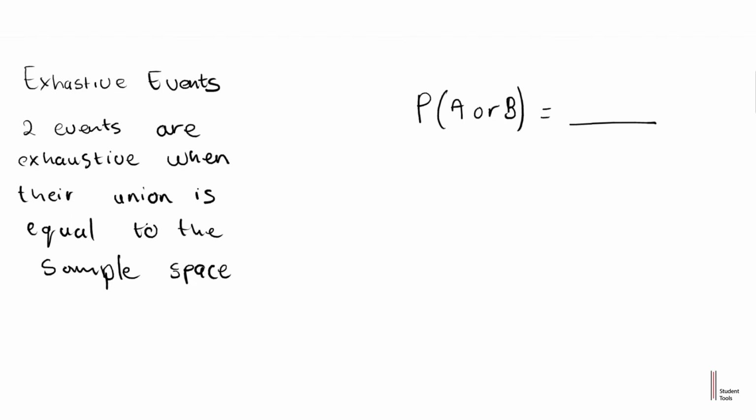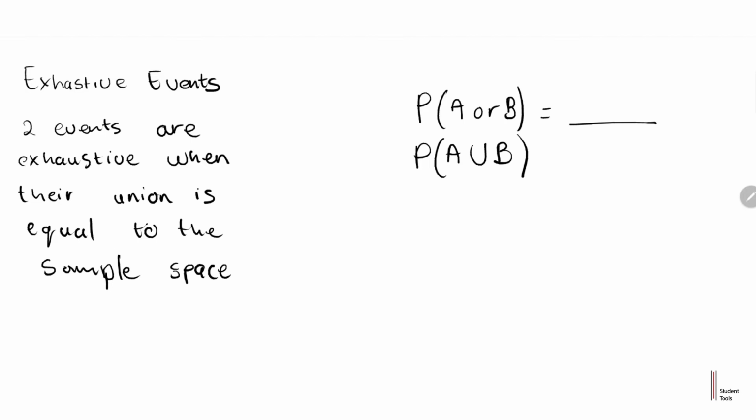The sample space is equal to A1. So the probability of A or B is the same as saying the probability of A union B. So from this definition, we get that two events are exhaustive when their union is equal to the sample space.